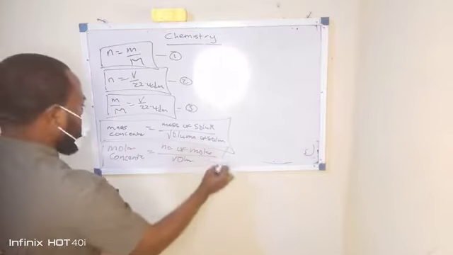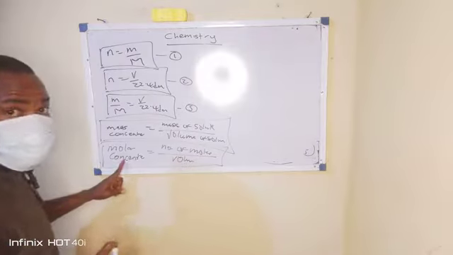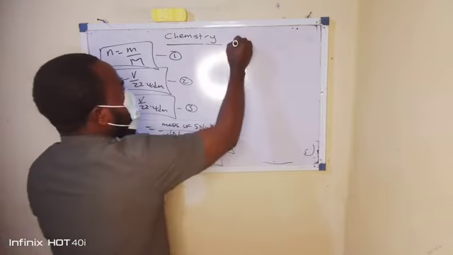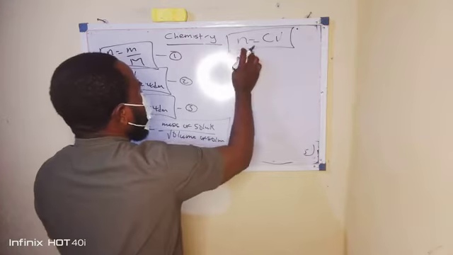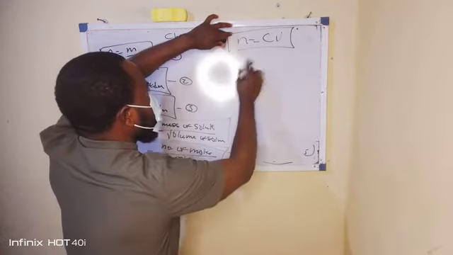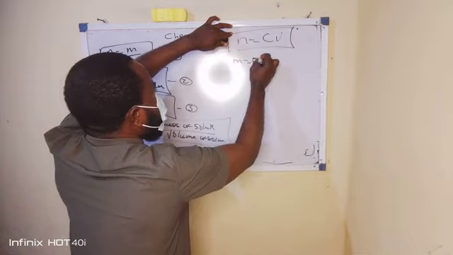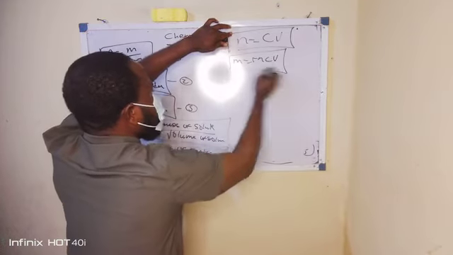We derived the formula from here, and of course we said that N is equal to CV. Then we went ahead to say again that mass is equal to MCV.